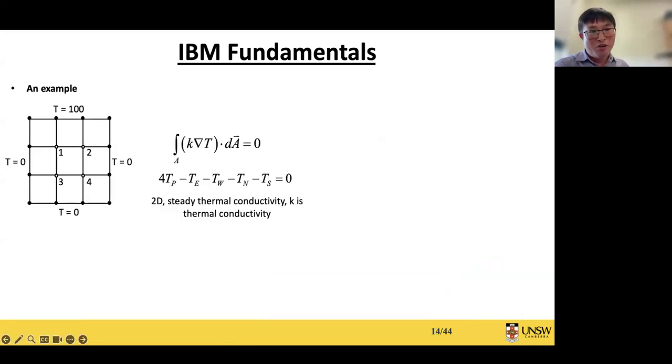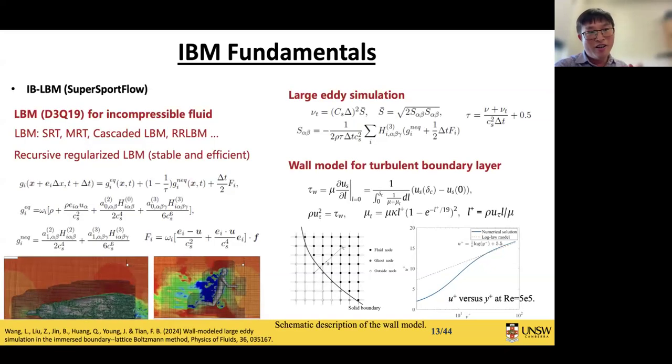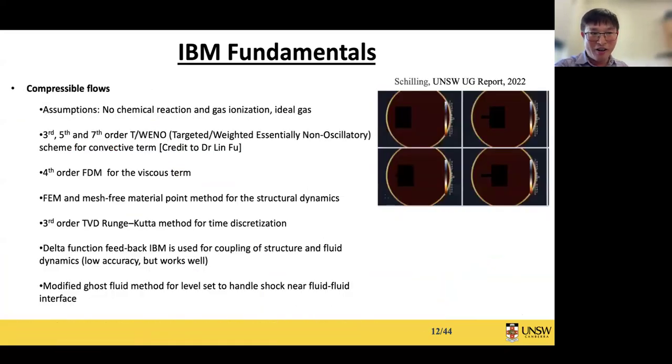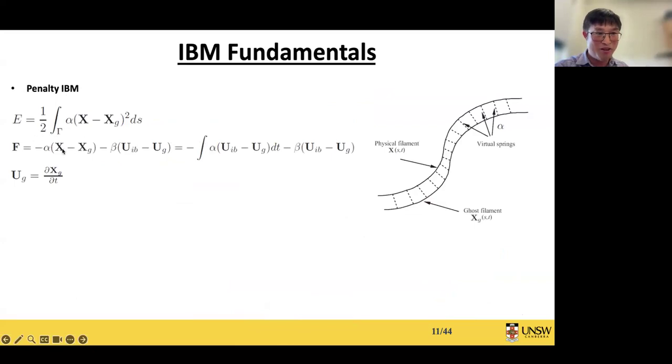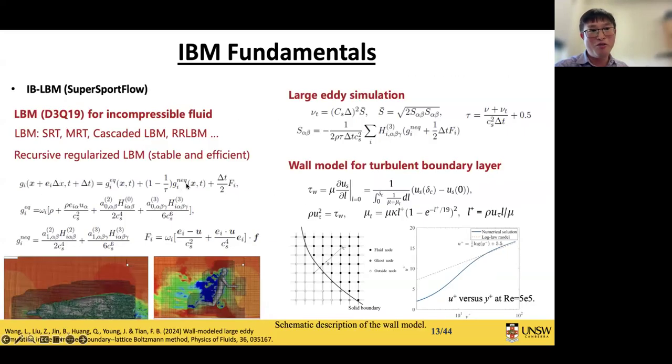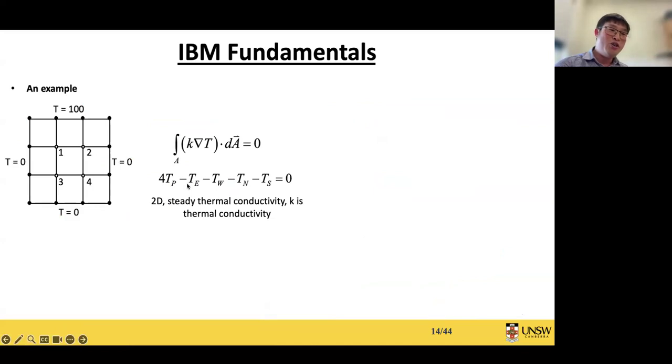And now, the question is why this simplified delta function method works. In order to explain this, I use a heat transfer equation. For example, this is a solid domain, steady, and the top boundary temperature is 100, and other boundaries we implement 0 temperature.